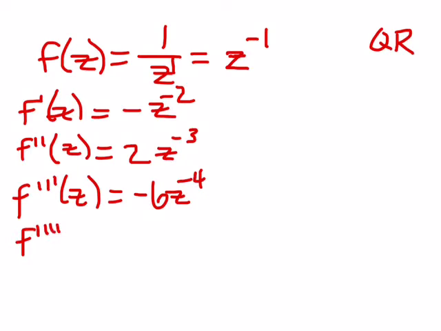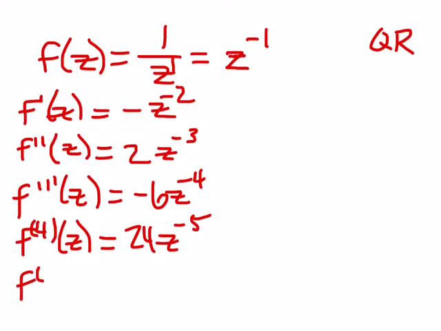I should have written fourth derivative of z with respect to z. 24z to the negative 5, and then the fifth one, negative 120, z to the negative 6. There's the first 5 derivatives. That's correct. I'm just going to say always write your final answers with positive exponents.